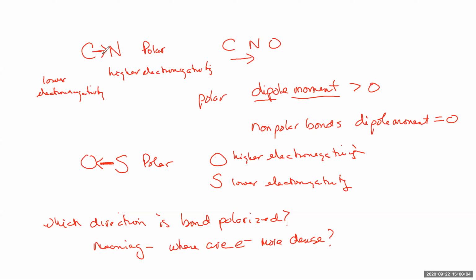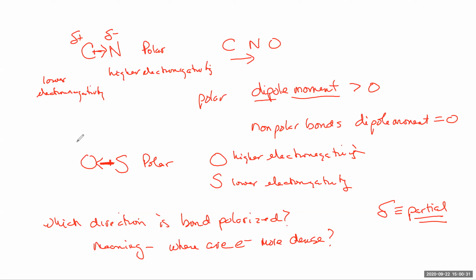So you can write this with the arrow and put a little plus sign at the end of the arrow. That's one way to designate it. Or you can use the symbol lowercase delta, and lowercase delta in science always means partial. So I could say that the nitrogen is partially negative and the carbon is partially positive. I wouldn't use both the deltas and the arrow. That's redundant.